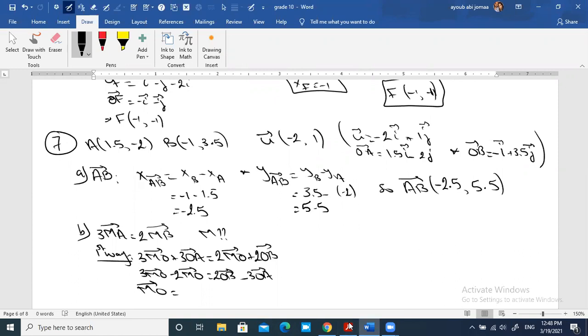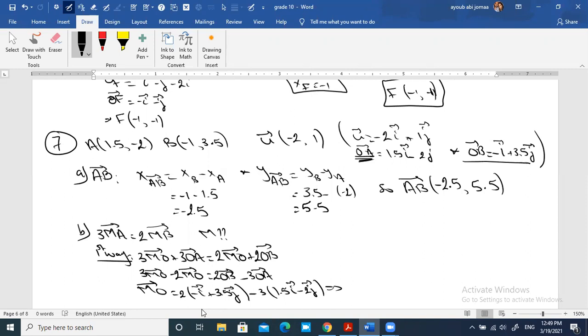It's minus I and 3.5J. So it's 2 times negative I plus 3.5J, minus 3. What about OA? It's 1.5I minus 2J.